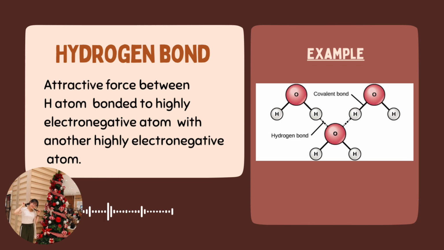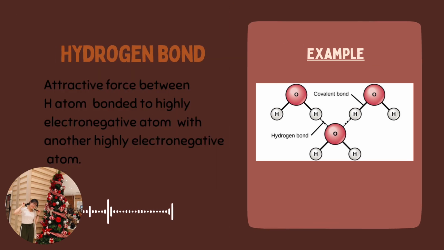One of the examples of molecules which can form hydrogen bonds with each other is shown in the picture on the right hand side, which is the water molecule. The hydrogen atom in a water molecule is bonded to a highly electronegative atom, which is the oxygen atom, and it is also bonded to the oxygen atom of another water molecule. So, it can form hydrogen bonds with each other.